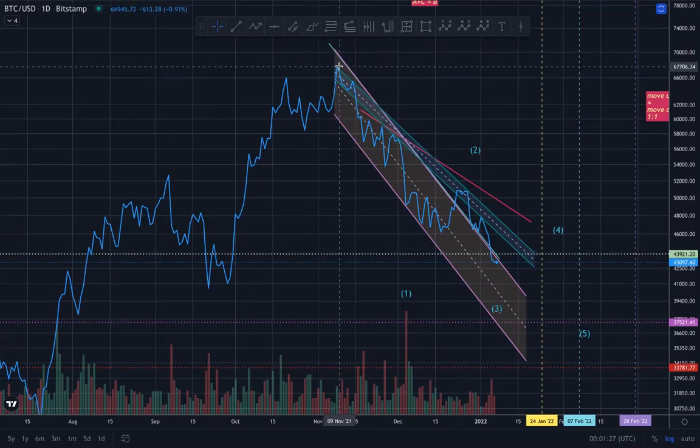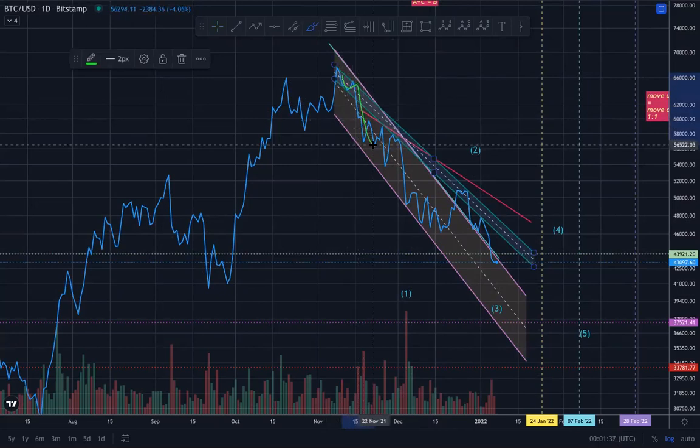That's another thing. Looking here at the channel created just here by this wave, interestingly, it would have been a 1, 2, 3, and then when it's coming down for the 4, it used that as support. Well, in this case, the resistance, because we're looking from the opposite direction, and came back down.